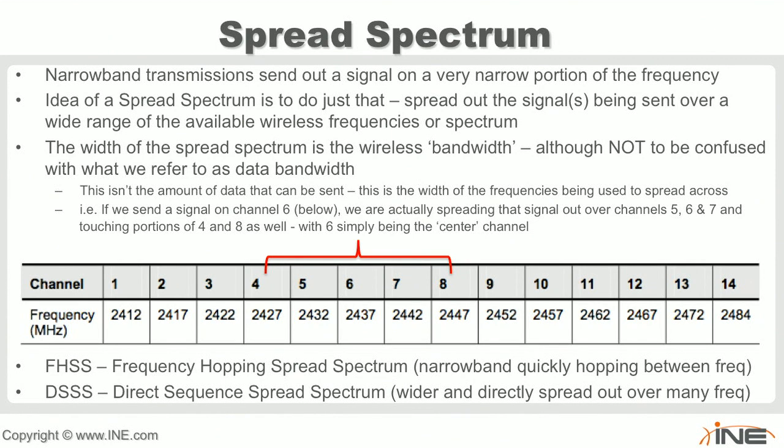If we send a signal out on 802.11b or G or N, all of which can use the 2.4 gigahertz spectrum, and when we talk about N we'll talk about wider bandwidths, but for now, for 802.11b and G, if we send a signal out on channel 6, 2437, we're actually sending out a 20 megahertz wide channel.